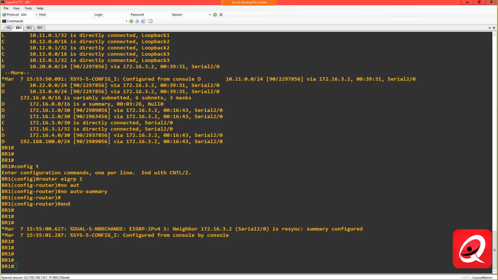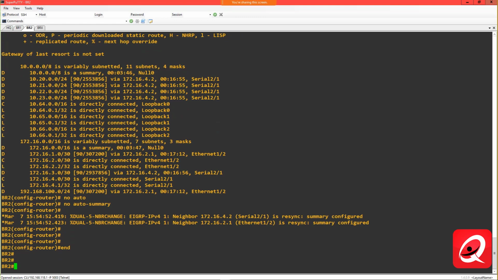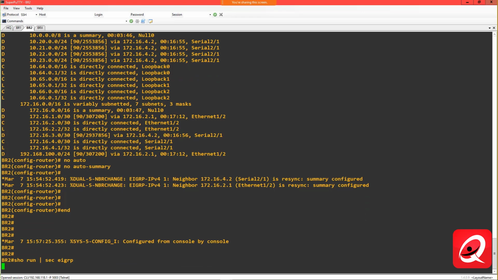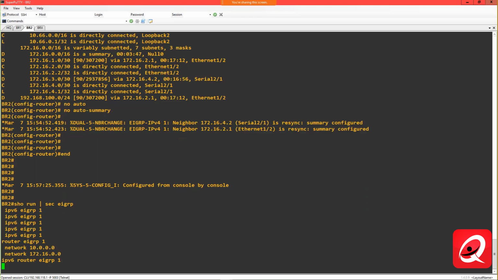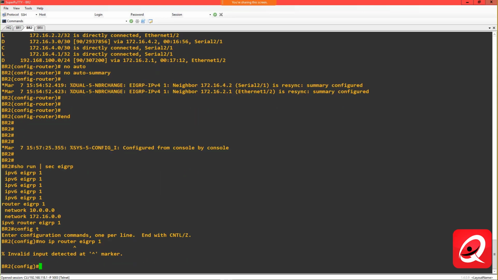Okay. If I'm going to run this in named mode, I'm going to convert BR2 to named mode, because we're going to want to look at some of these configurations in both classic and named mode. So I'm going to do a show run section EIGRP. And I'm going to disable the autonomous system for IPv4 and IPv6 for classic mode. So we're going to do config t, no router EIGRP 1.